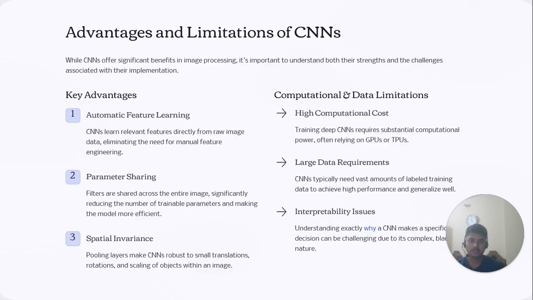Also, the pooling layer helps CNNs handle small changes in position, rotation, or size of objects. CNNs also have some challenges. Training deep CNNs needs high computational power, usually GPUs. They also require a large amount of labeled data. Another issue is interpretability, because it is hard to clearly understand why a CNN makes a specific decision.